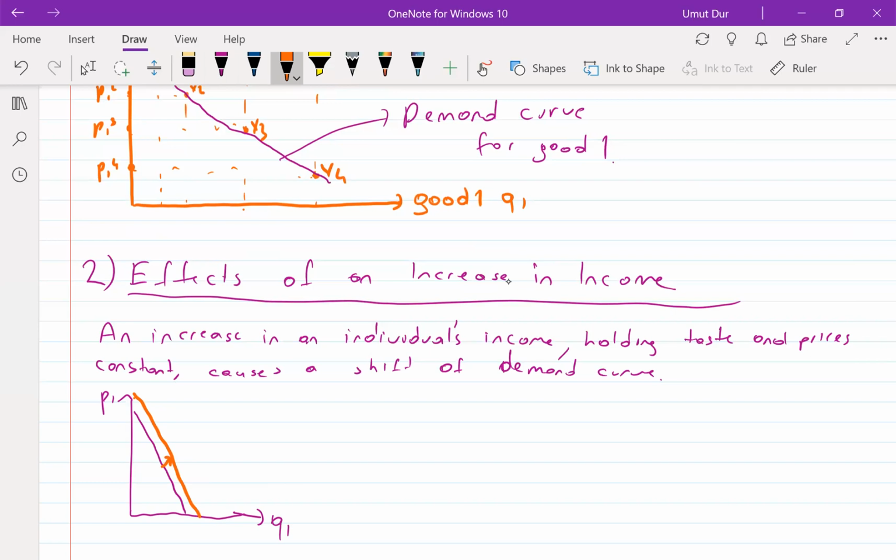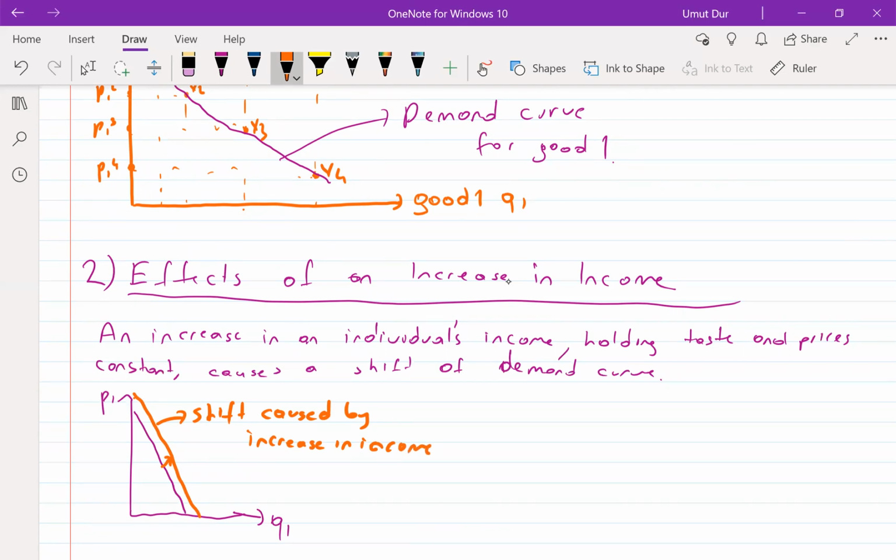So it will cause an upward shift. So we move further away from the origin. Our demand curve moves further up if our income increases. So this was what we said in chapter 2.